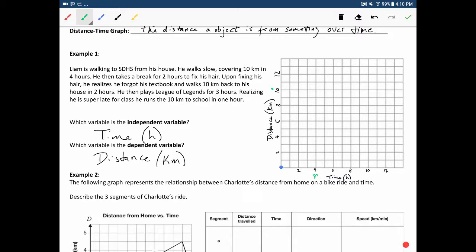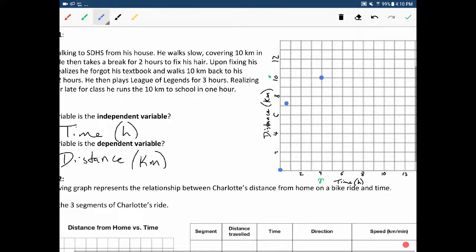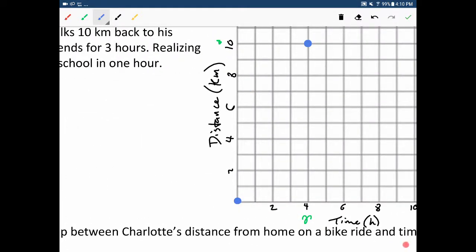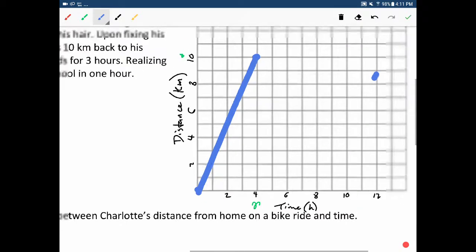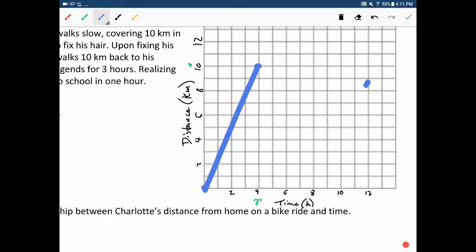So after 4 hours, he's at 10, which means that he is going to be at this point right here. So that's where he's going to be. Now once we've got those 2 points, we can of course draw a straight line. And there we go, a straight-ish line.